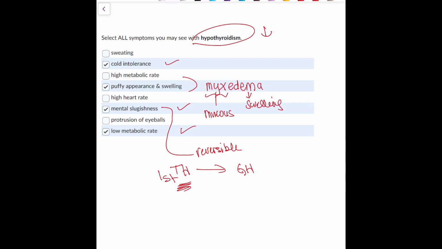And those developmental delays are irreversible in the case of neonatal hypothyroidism. Like I said, that's because of the permissive effect: thyroid hormone has to be present for growth hormone to act.